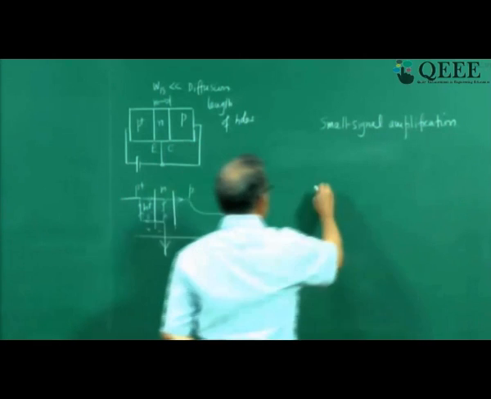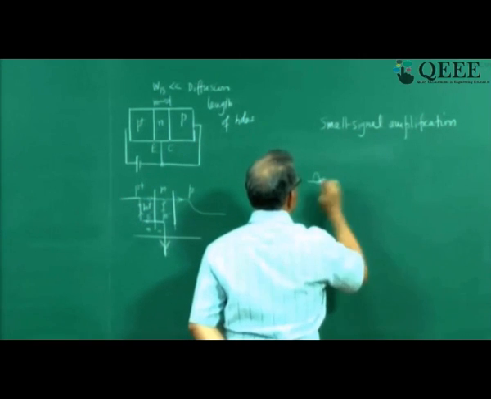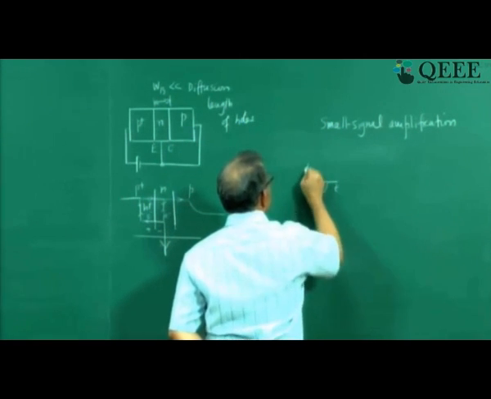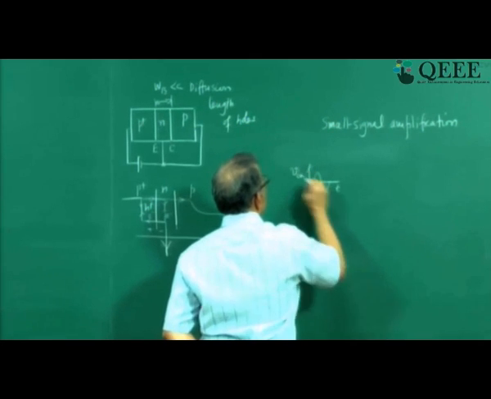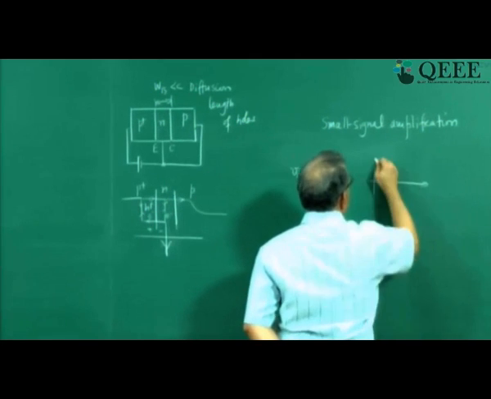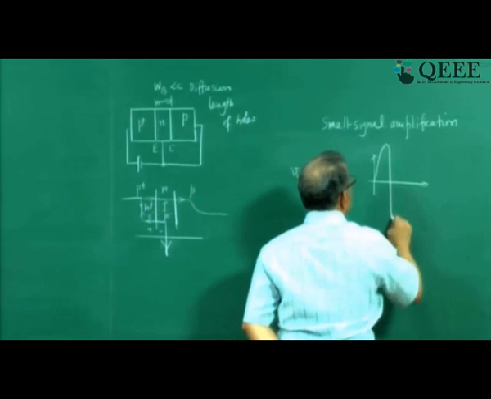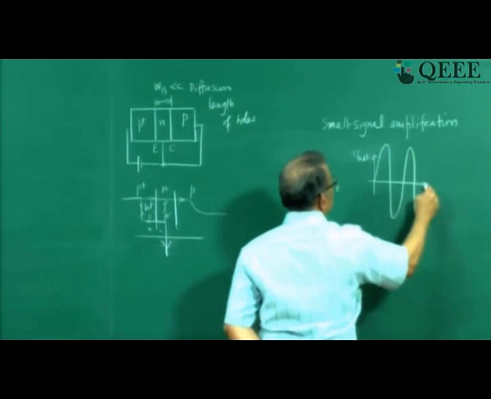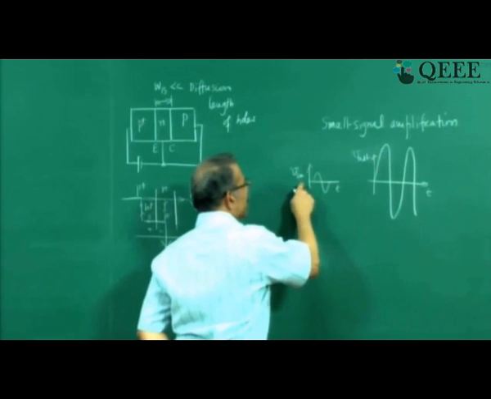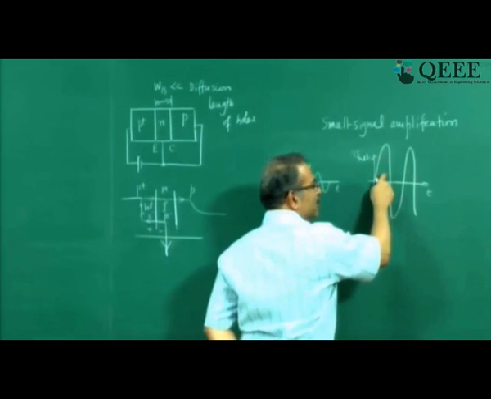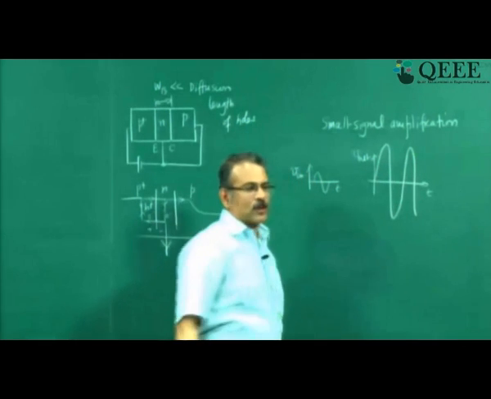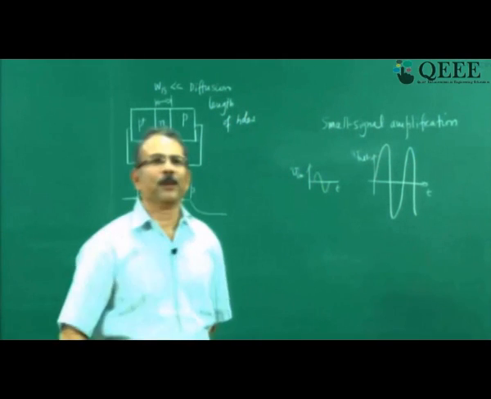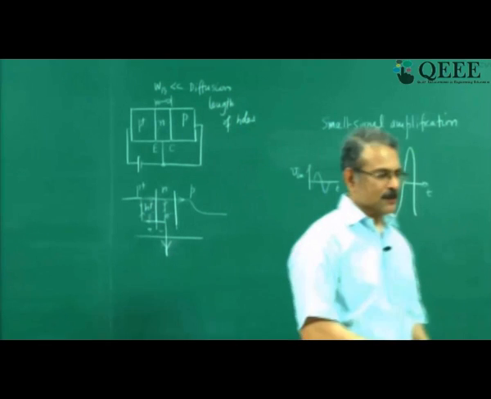So at the input, if I have a voltage like this as a function of time, somewhere at the output terminal I should get a voltage which is maybe like this, which is much more. This is Vout as a function of time, or this could be a current. So that is the kind of amplification we are talking about, not DC amplification.